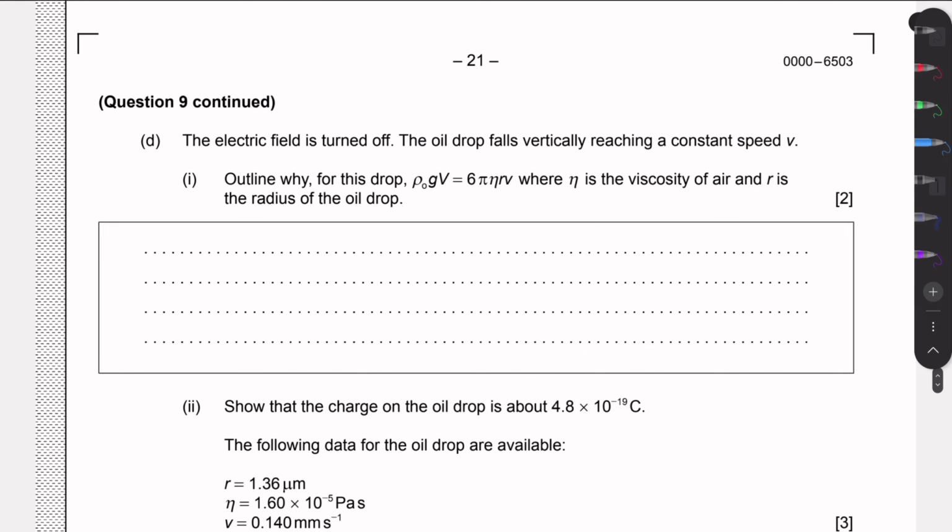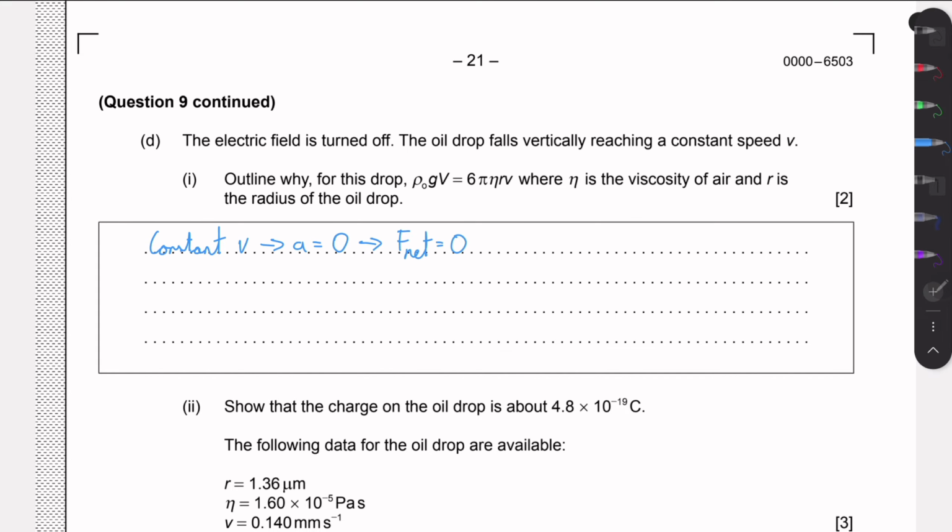And then we are told that the electric field is now turned off, and the drop falls, reaching a constant V, and we need to outline why this relationship holds. Well, constant velocity means that we have an acceleration of 0, as we are not accelerating anymore. And from this, it follows that the net force will also be 0.